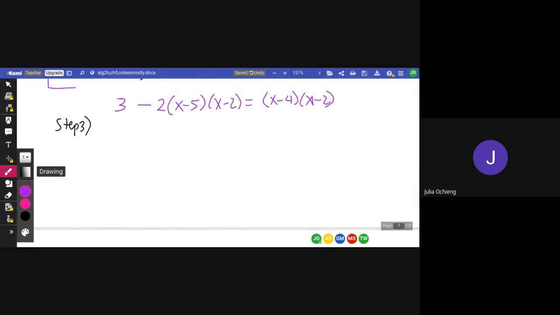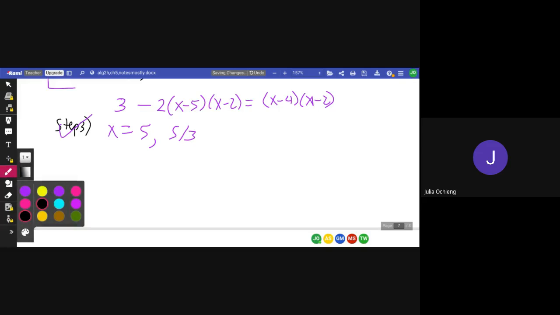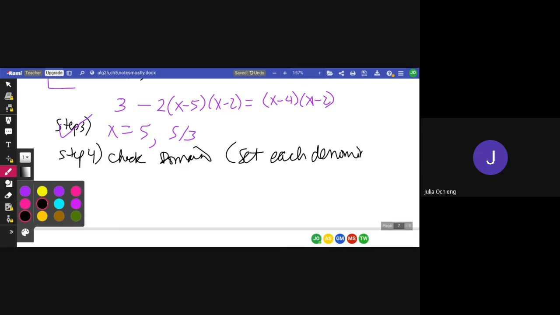All right, so we did step 3, and we got x equals 5 and 5/3, and now we're doing step 4, which is to check the domain. We're going to do that by setting each denominator not equal to 0. Okay.